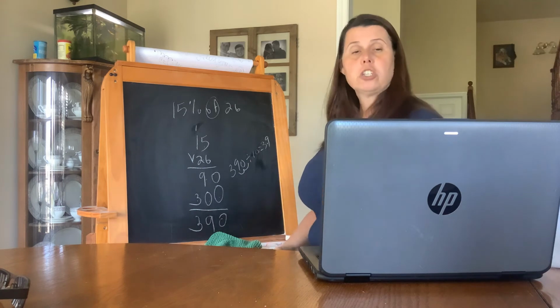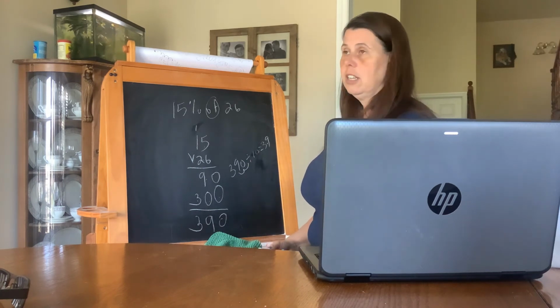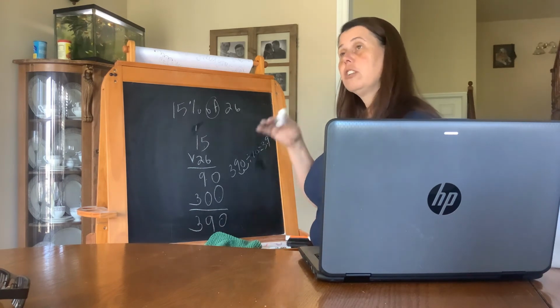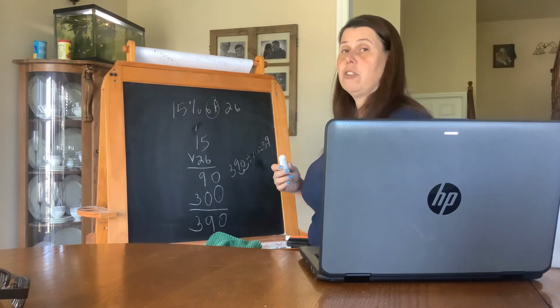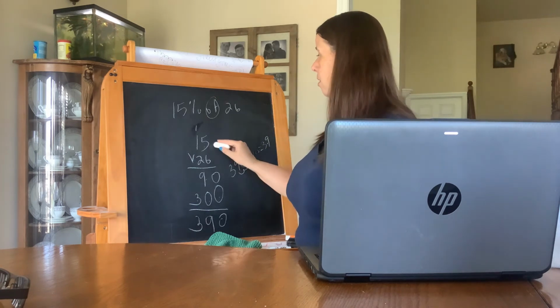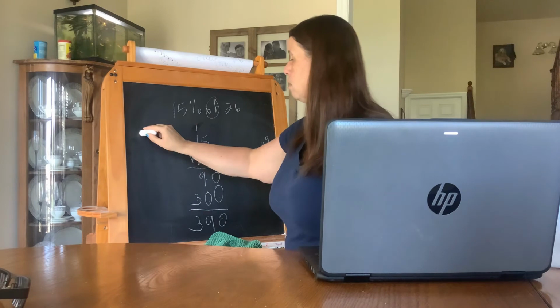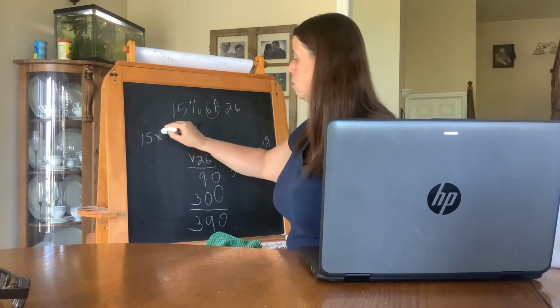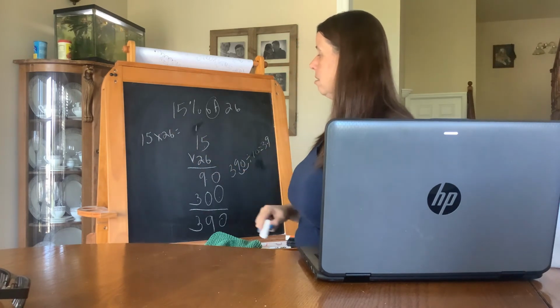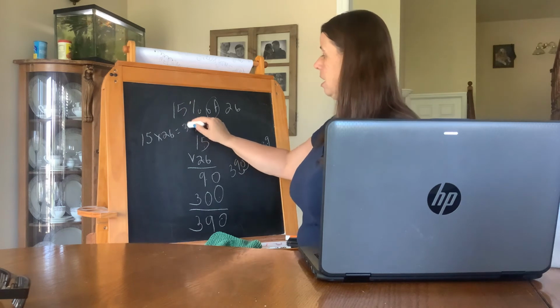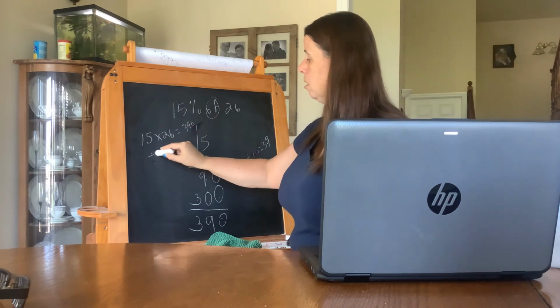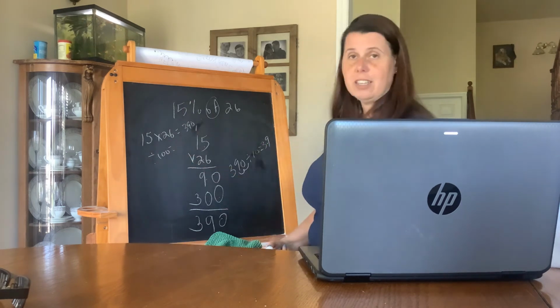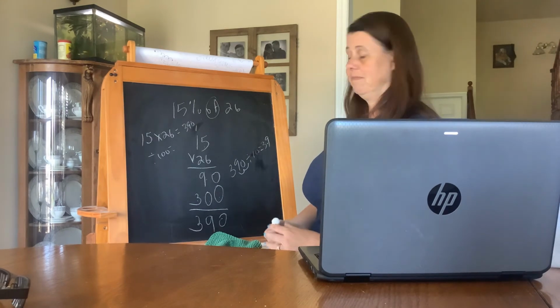Now, to show you how to do this on a calculator, if you talk yourself through the problem, you're telling yourself the buttons to press. 15% of 26 means 15 times 26 equals, we'd get 390, and then you go divided by 100, and it'll tell you the answer. Okay?